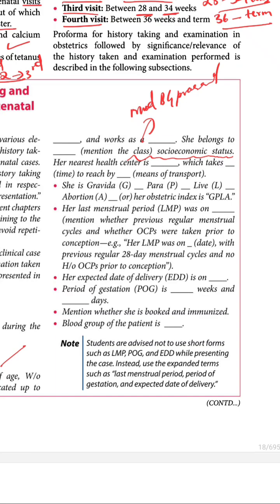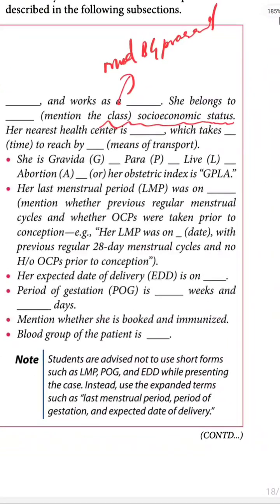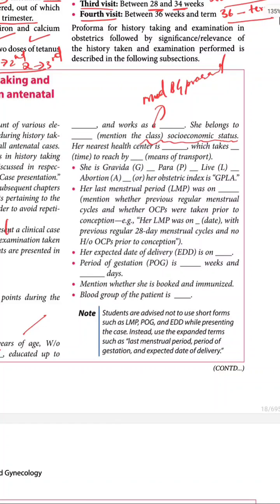Then you need to write about her obstetric score: gravida, para, live birth, abortion, say GPLA. Her last menstrual period was on when?